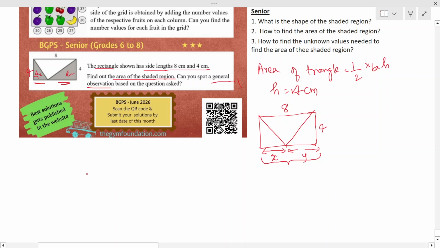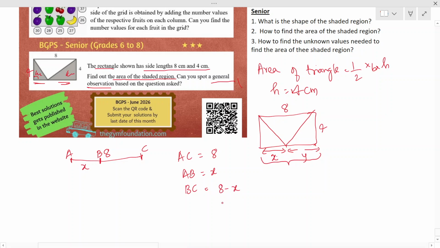If you have the entire length as 8 and the first length as x, what could be the second length? If AC is 8 and AB is x, how do you find BC? Yes, so BC is nothing but 8 minus x.